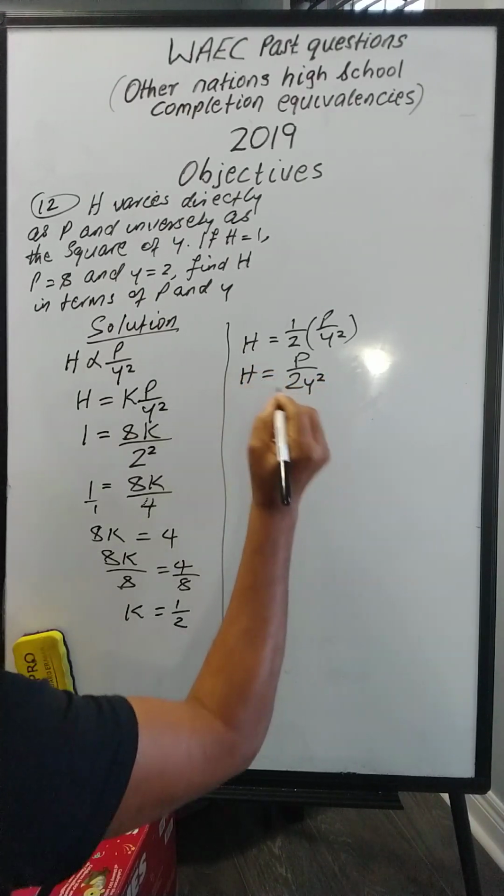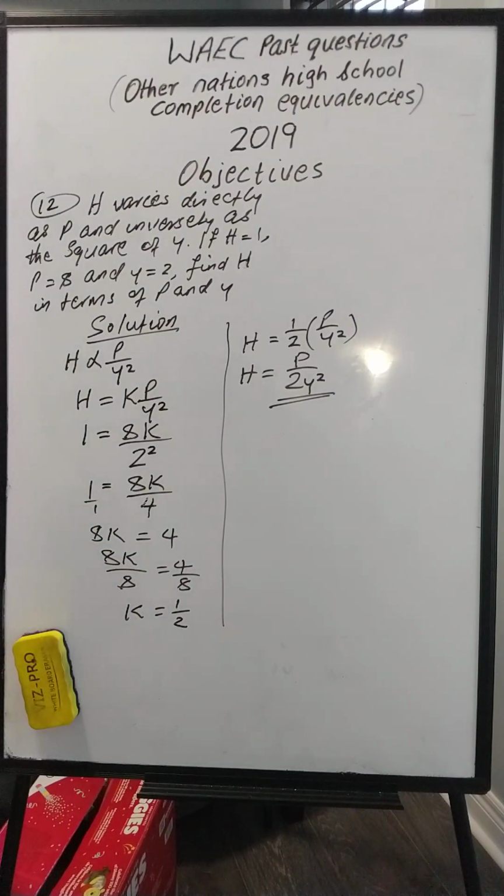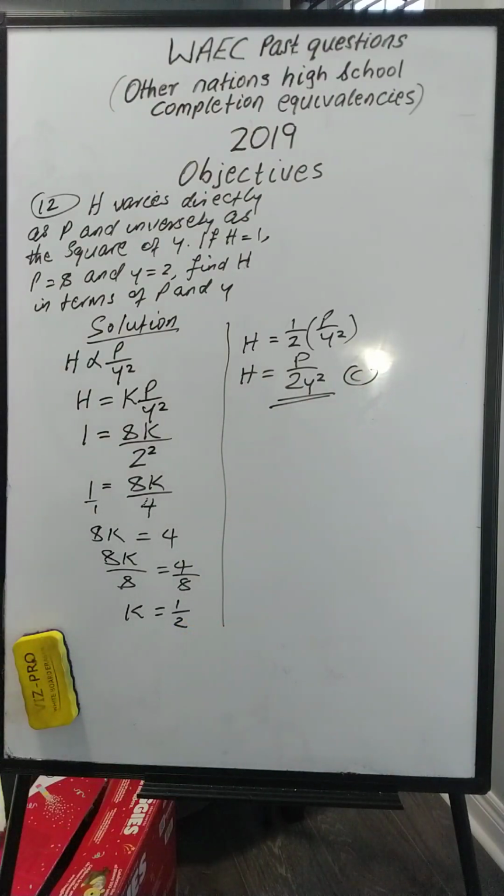That is h. We have therefore found h in terms of p and y. And that is option C for number 12.